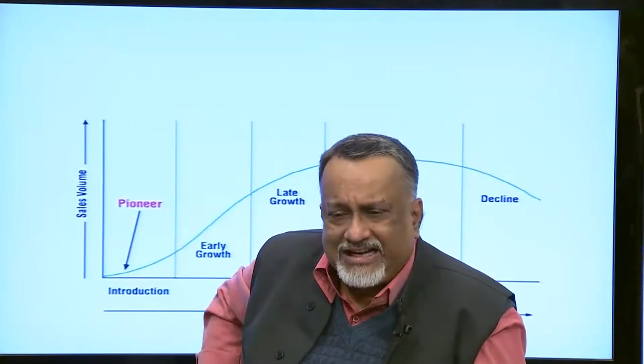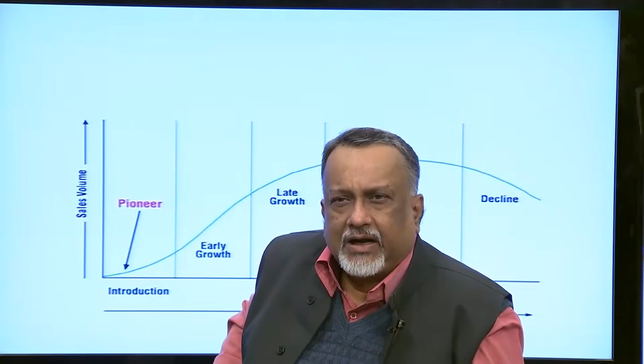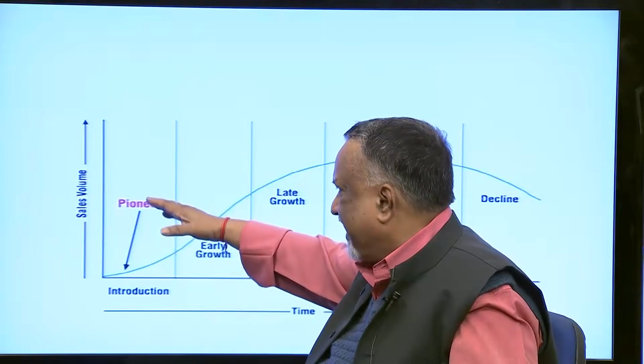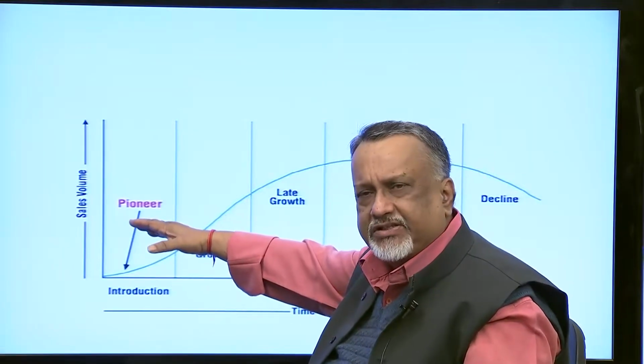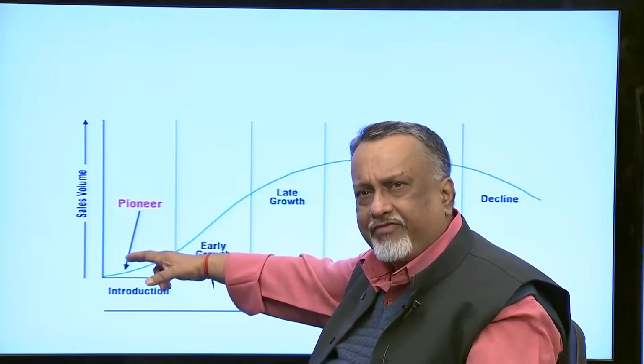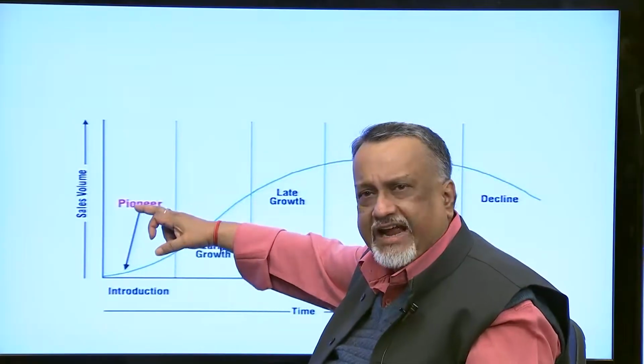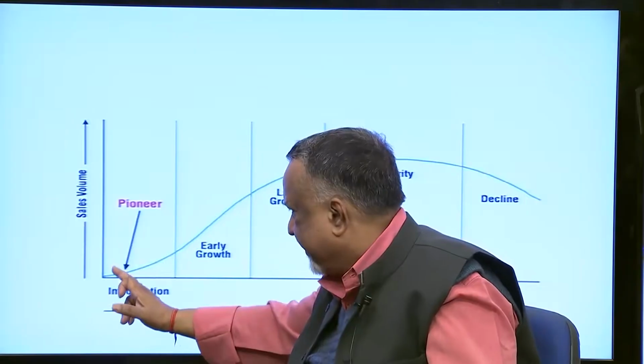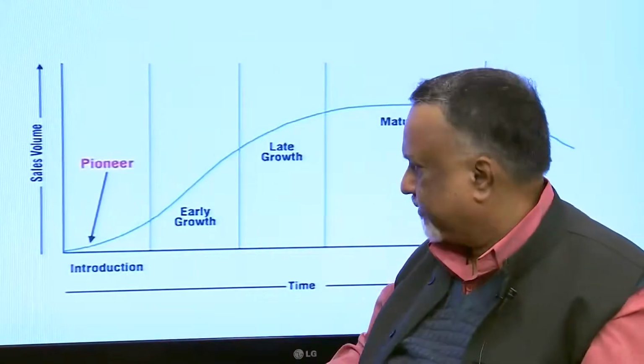and this divides the market in these major parts. The first part is introduction, where we have customers who are pioneers, we call them innovators and early adopters. So, there are two parts to this actually, innovator and early adopter.